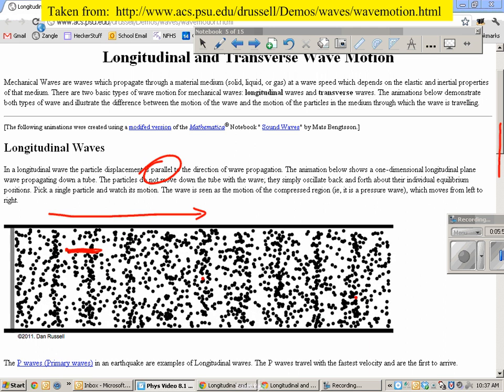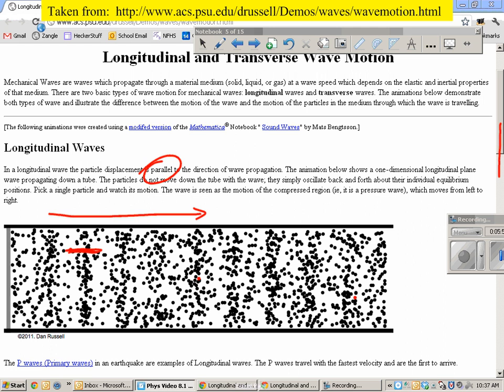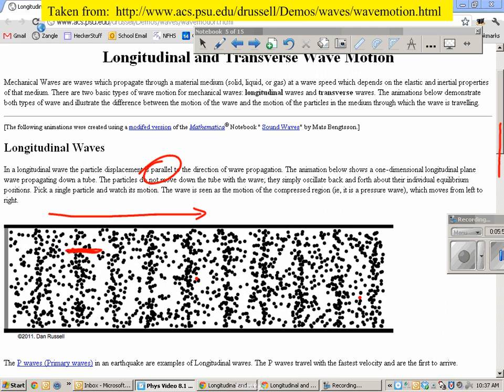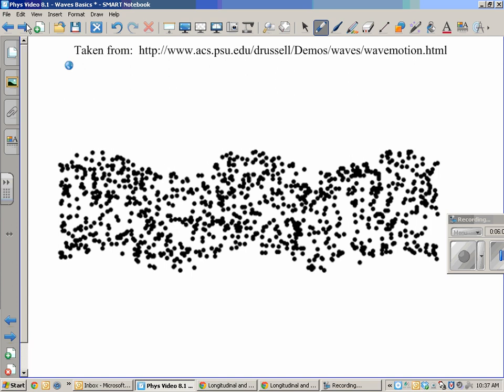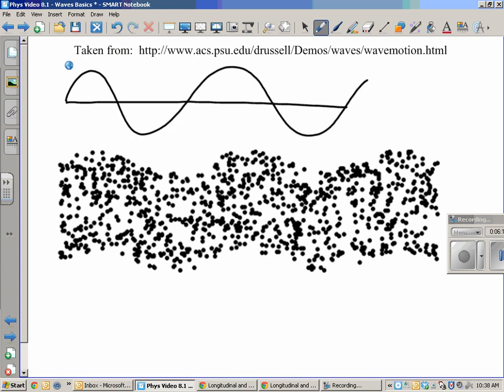Now you need to know the parts of these two types of waves. I believe that the next page has those. So here's a drawing of our transverse wave. More often than not, if you were to draw it, it would look like this. The idea is you've got sort of high points and low points.